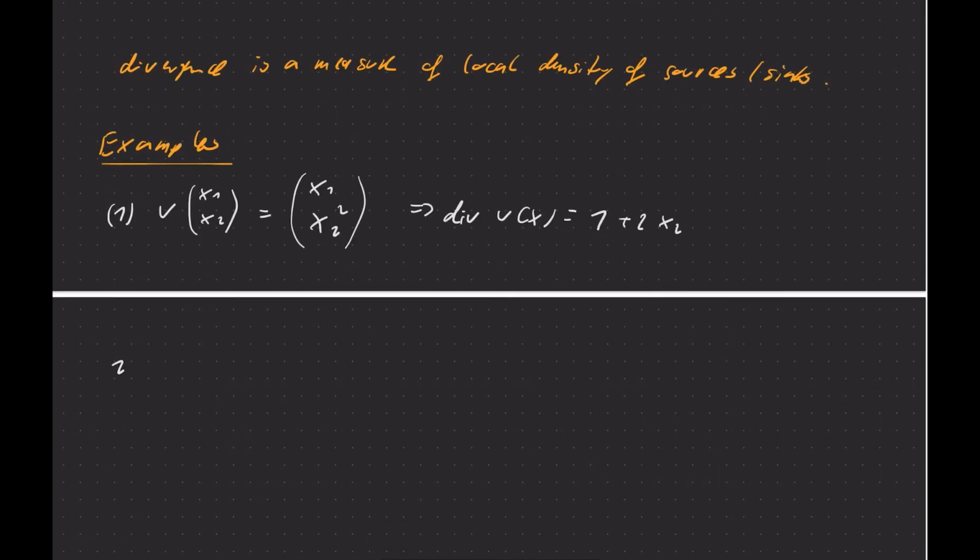And one more example, one in dimension 3 here. V of x1, x2, x3 is defined as minus x2, x1, and x3.